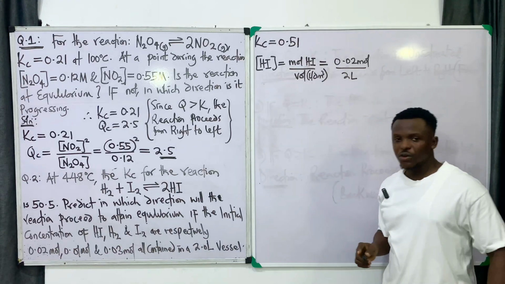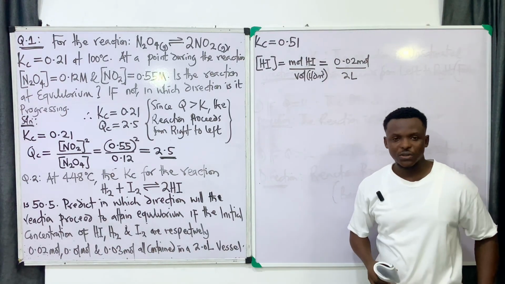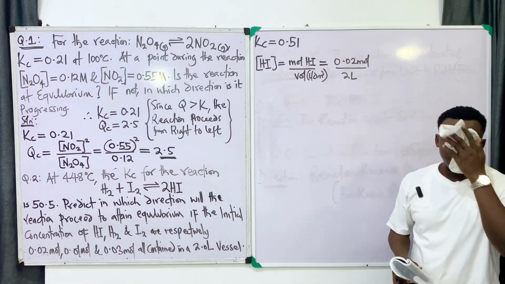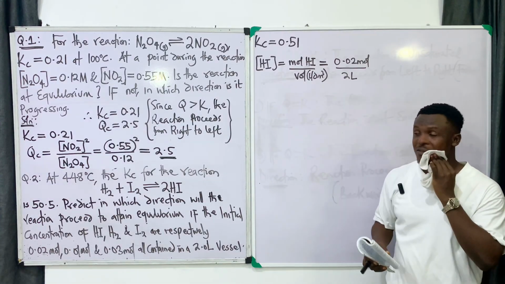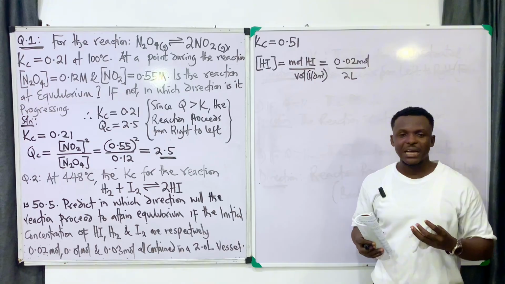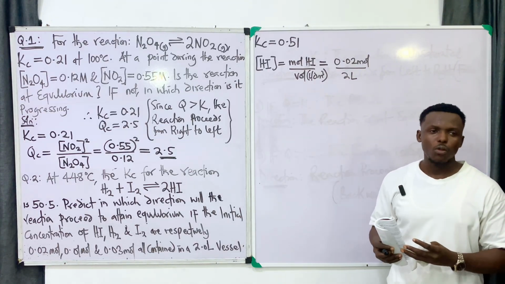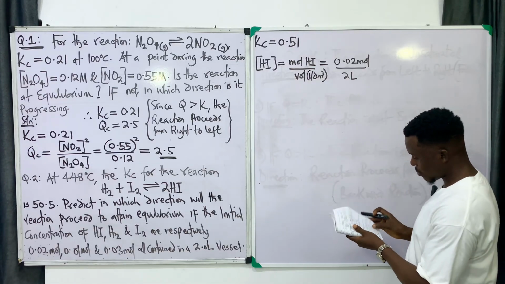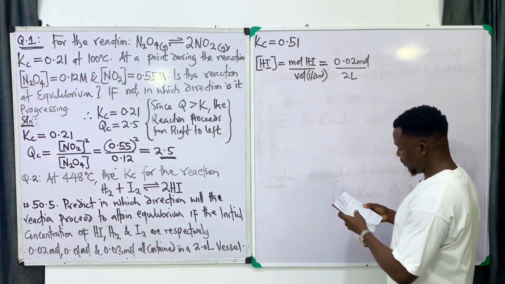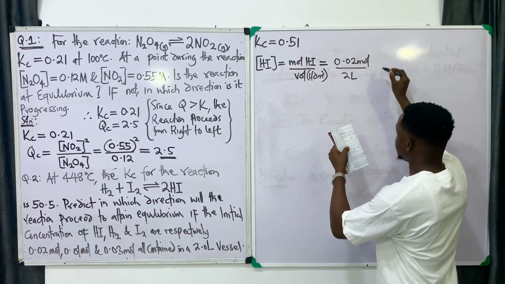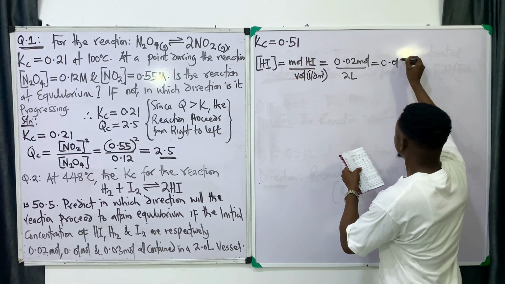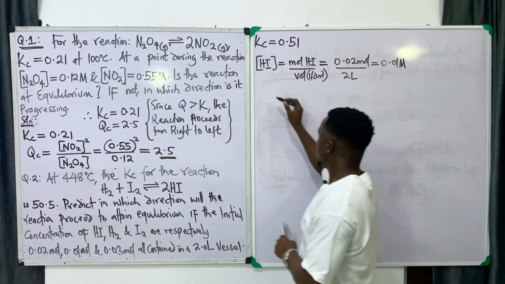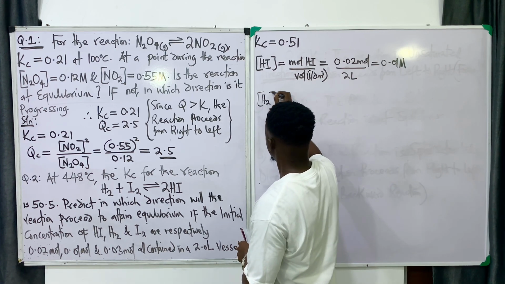So if they give you volume in any other unit other than liters or dm cube, you have to convert before you can use it here, because molarity always has a unit of mole per liter or mole per dm cube. All right. So when we solve this, the first one gives us 0.01 molar.